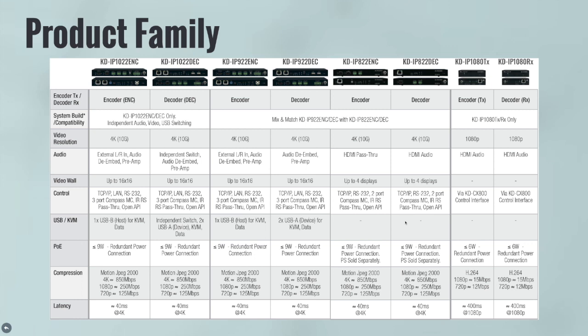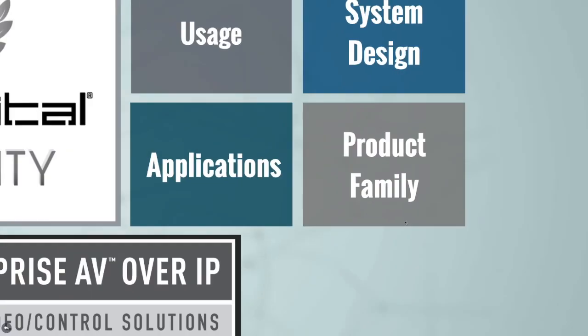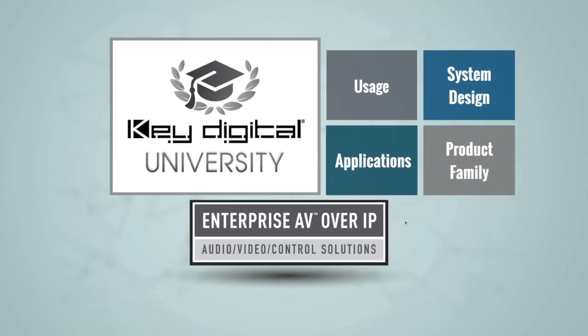USB KVM, is that a need of yours? Do you need it independently? All of the products support PoE. The IP 1080s are using H.264, which is extremely low bandwidth, and the rest of the products use Motion JPEG 2000. And then you do see different latency for the two different compression methods. We're going to go into more details on all of those products throughout this section of IAVC.